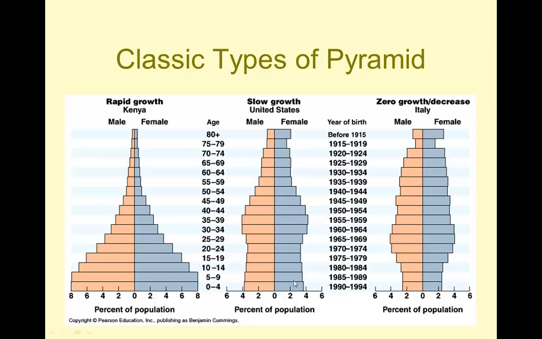These are our three classic pyramids: LIC, HIC, and then this one, sometimes classified as an NIC. More typically this is associated with countries such as South Korea, where you've got very slow growth, but it's not ageing at this point in time.